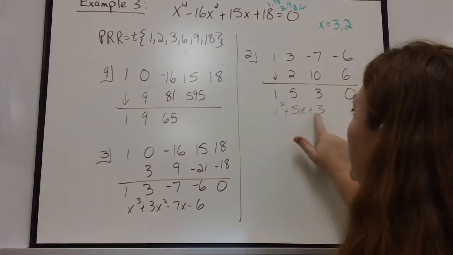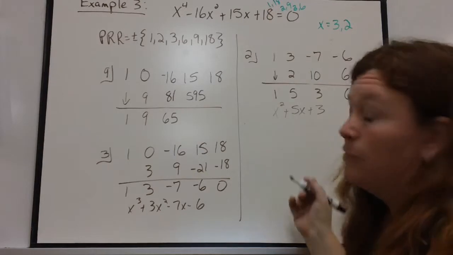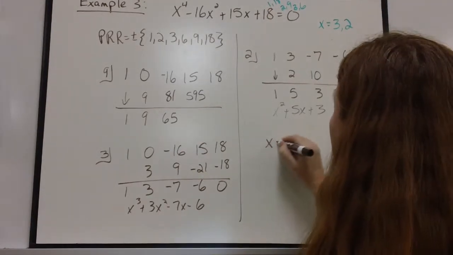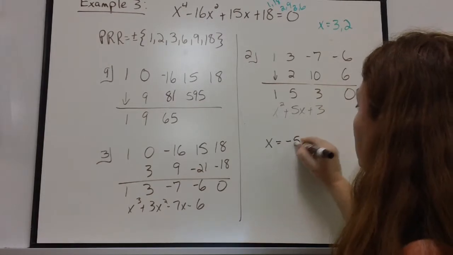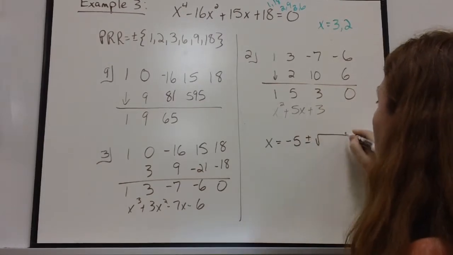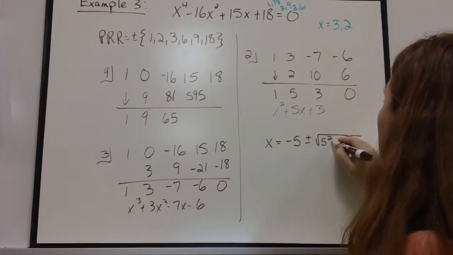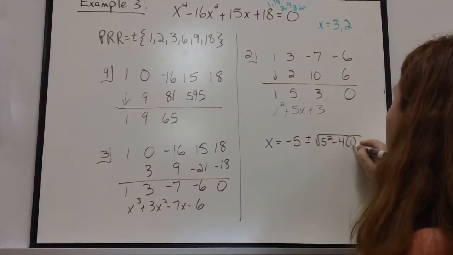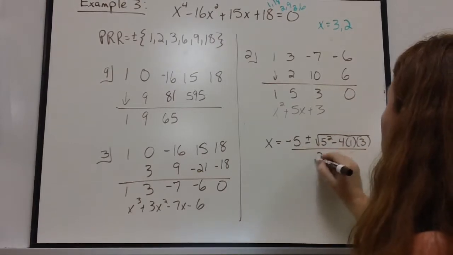No numbers multiply to give me 3 but add to 5. So let's use quadratic formula. x equals, with a, b, c: negative b plus or minus the square root of b squared minus 4 times a times c, all over 2a.